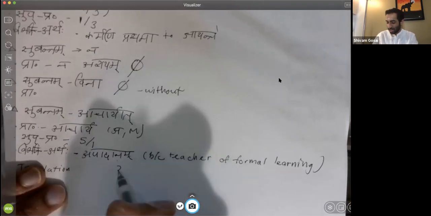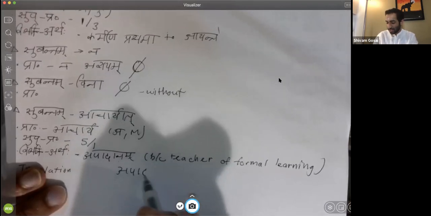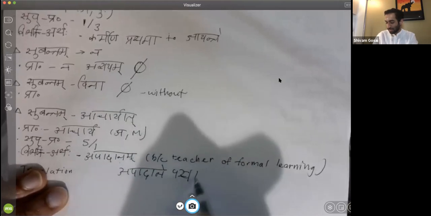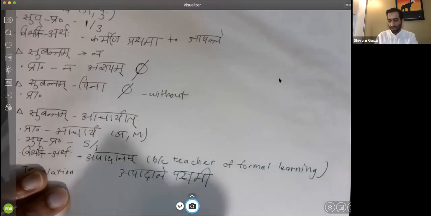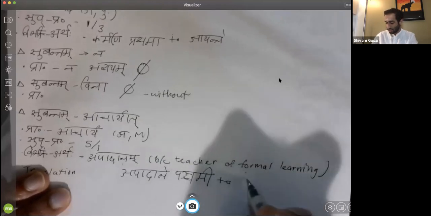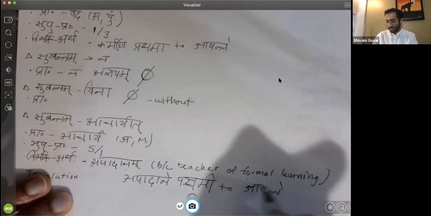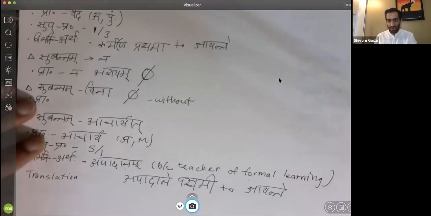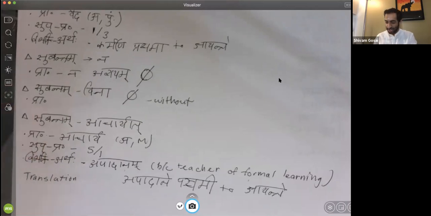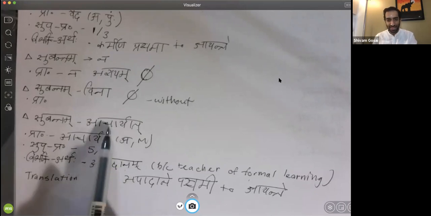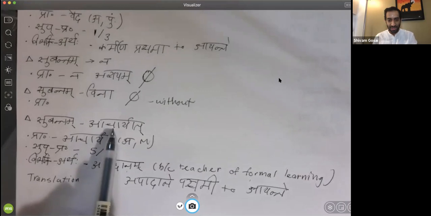So then it would be called apadane panchami, 5-1, Nyayante. Okay, that's why we're doing these examples. Because remember, apadanam has so many things that come under it. One of them happens to be teacher of formal learning, acharya.